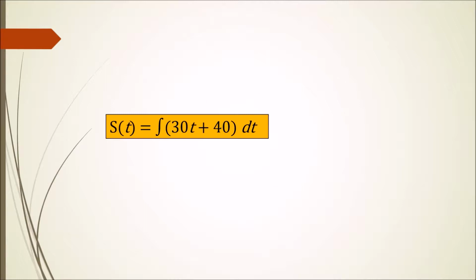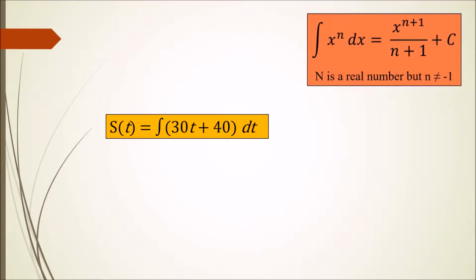To integrate a polynomial function, we use a basic method of integration, which is the power of the variable must be n plus 1. And note that n must not be a negative number.